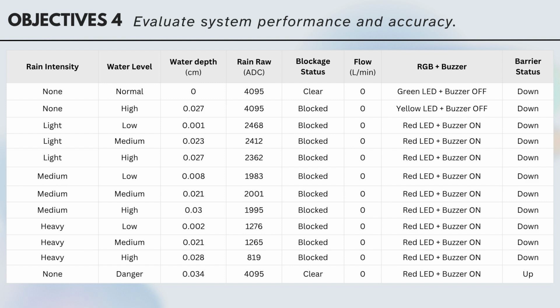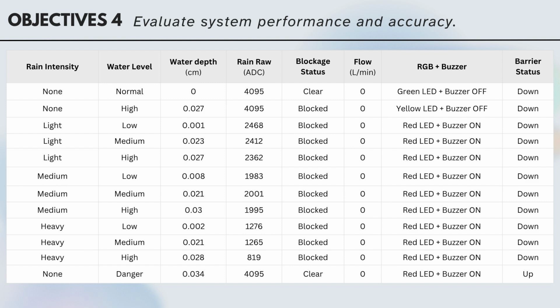For performance evaluation, we tested the system under varying rainfall intensities. Even during no-rain conditions, the system was still able to classify warning states based solely on water level readings. During light, medium, and heavy rainfall simulations, AquaShield consistently detected blockage situations whenever the measured water flow did not match the expected rainfall intensity.